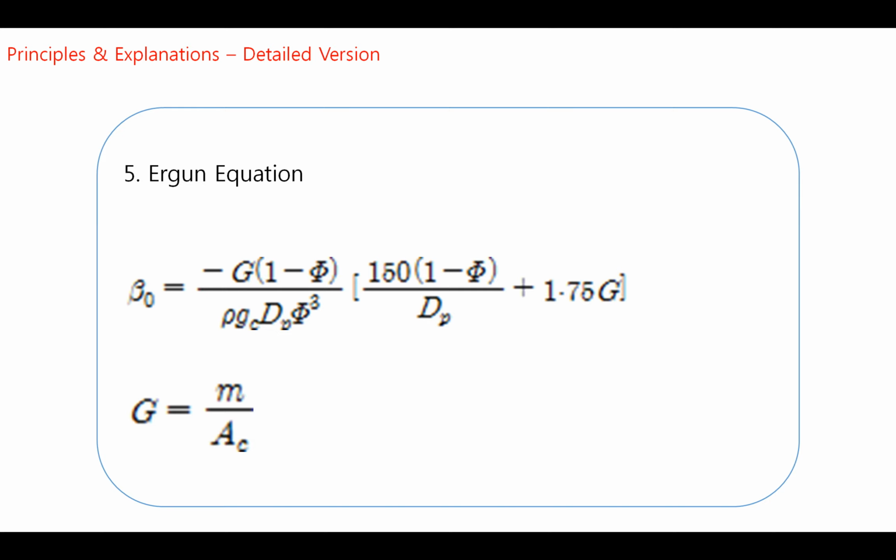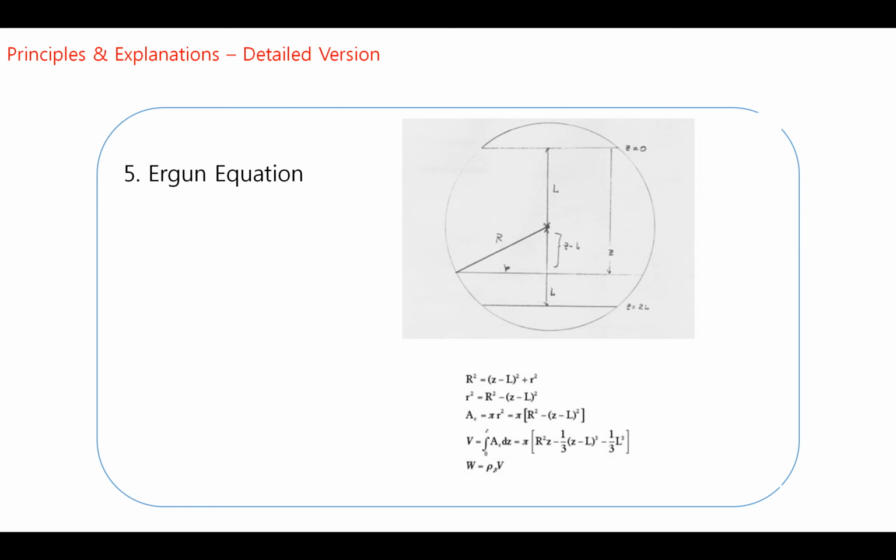So considering this picture, here R is the radius of the sphere, that is the length from the bottom line to the center of the sphere, and Z is the length from the bottom line to the area we are interested in. So with this derivation and picture, we can express the area A like this.